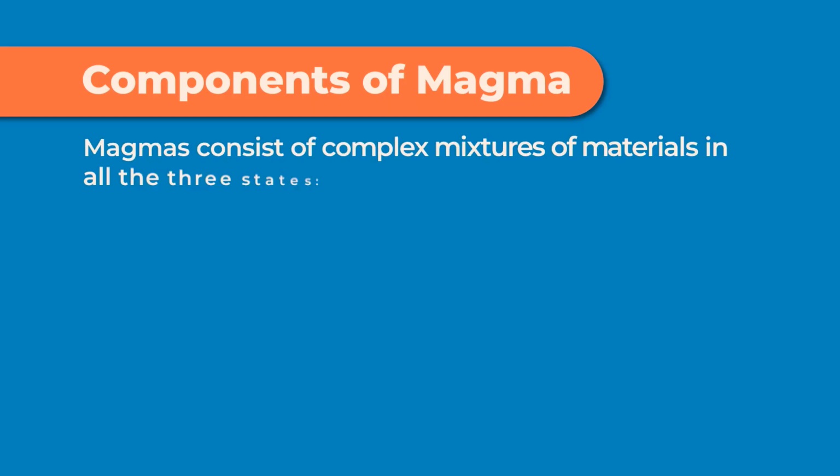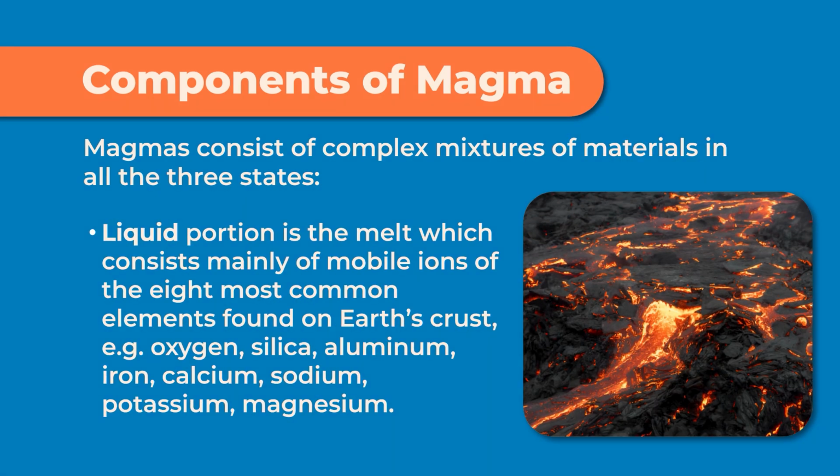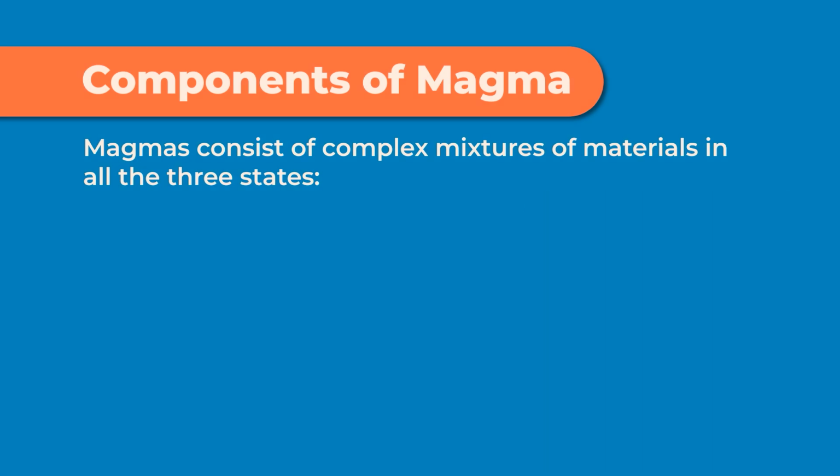Components of magma, as I told you earlier: magma consists of three states. Liquid, solid and gas. The liquid portion is the melt, which consists mainly of mobile ions of the 8 most common elements found on the earth: oxygen, silica, aluminum, iron, calcium, sodium, potassium, magnesium.